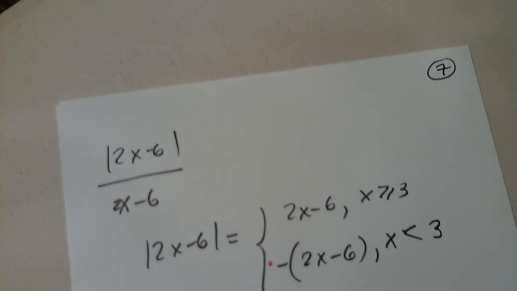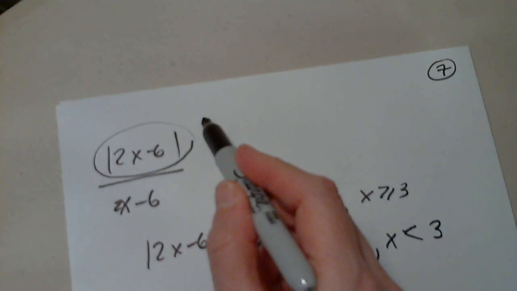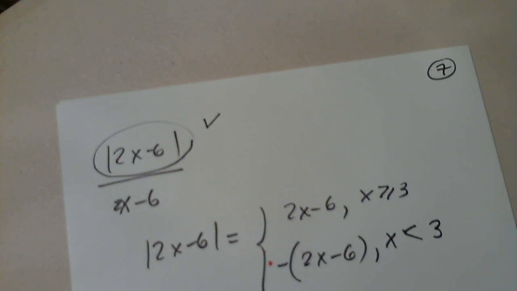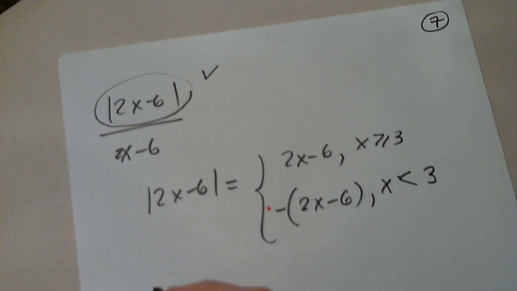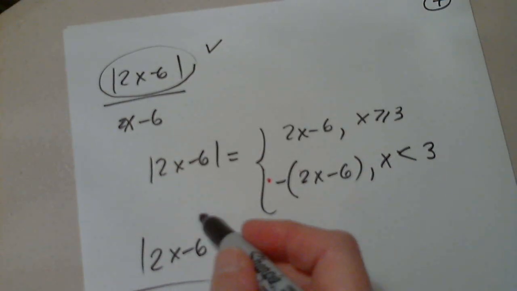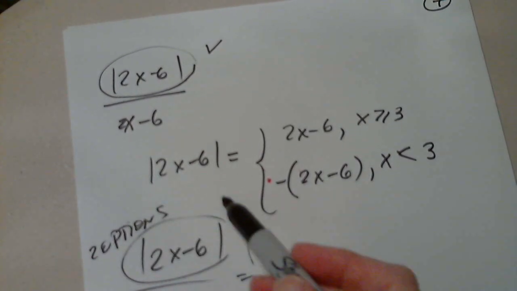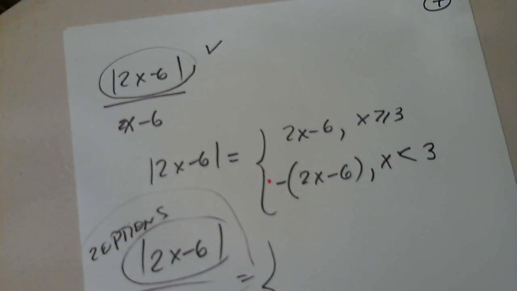But this is not the question. I only took care of the first piece. But the question is asking us to simplify 2x minus 6 in absolute value over 2x minus 6. Because this piece has two options, the whole thing will have two options.